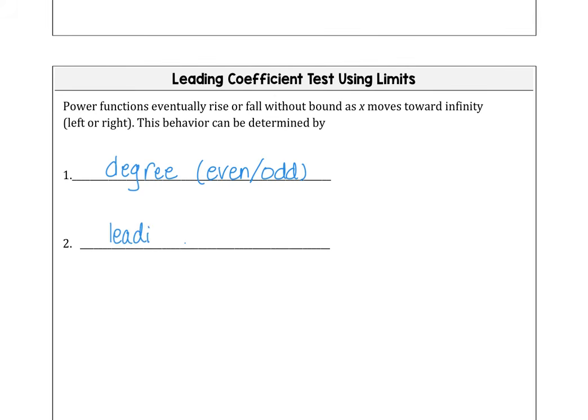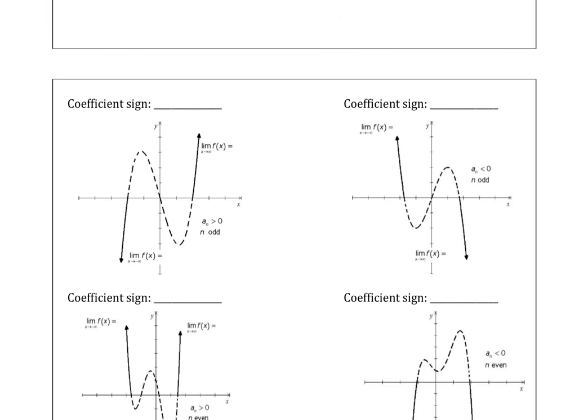So we're going to focus on the leading coefficient and whether that power is even or odd, because when we say it's a power function, we mean the power is an even number or an odd number. Okay, so let's give this a try.